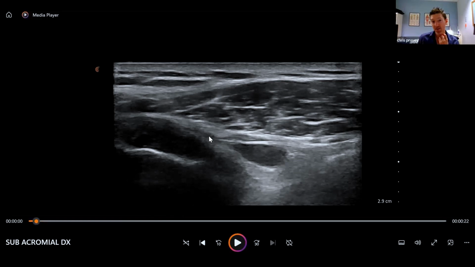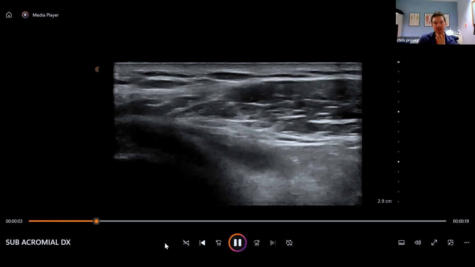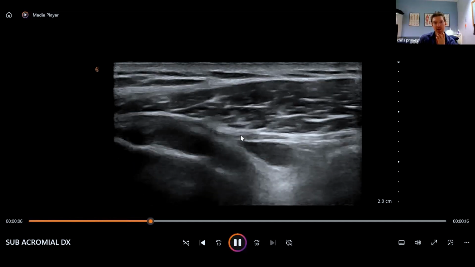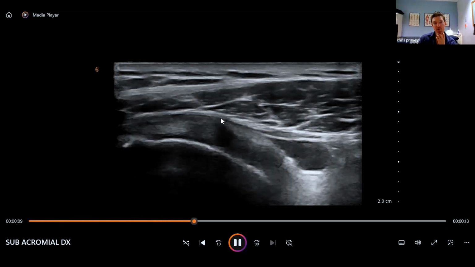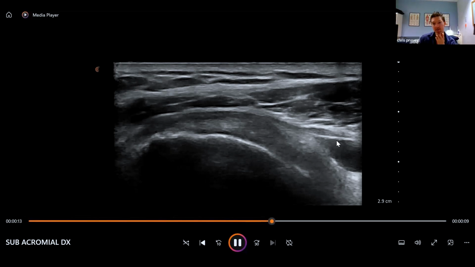Then, path of least resistance, it's just bubbling out. So this is a subacromial bursa, and you just see me chase exactly where it is. I'm scanning through and checking that this bursal fluid is the subacromial subdeltoid bursa, which you can see it is because it communicates with it.